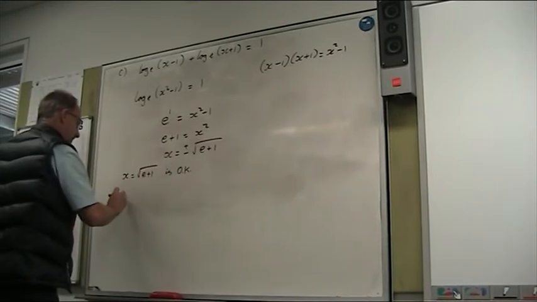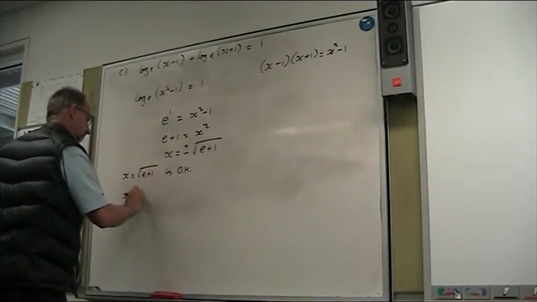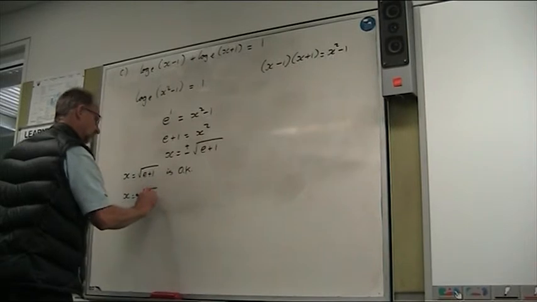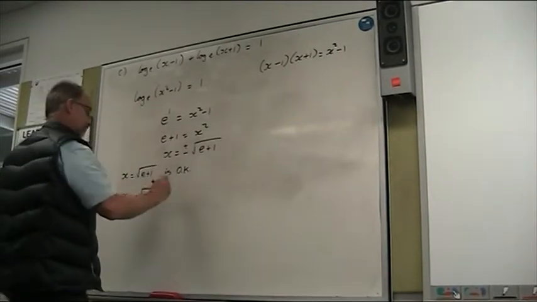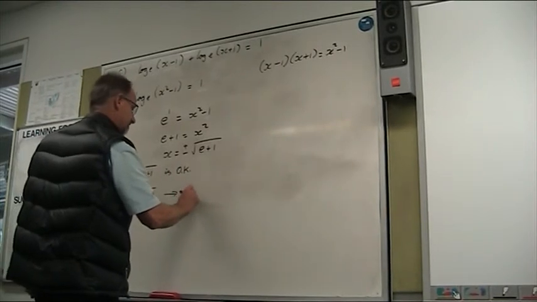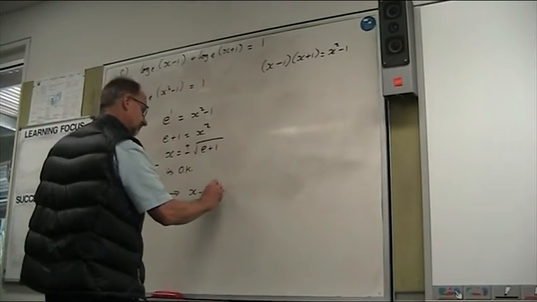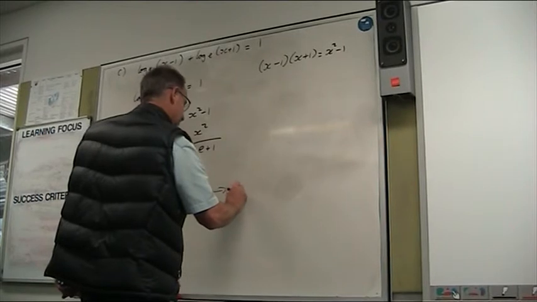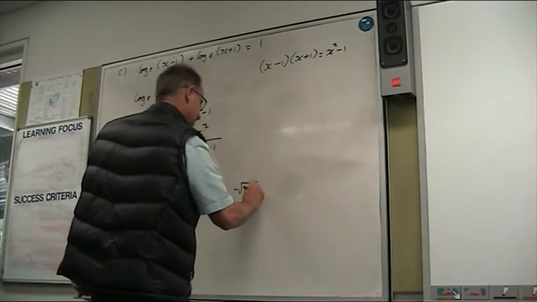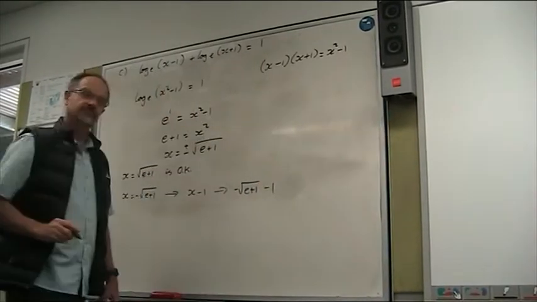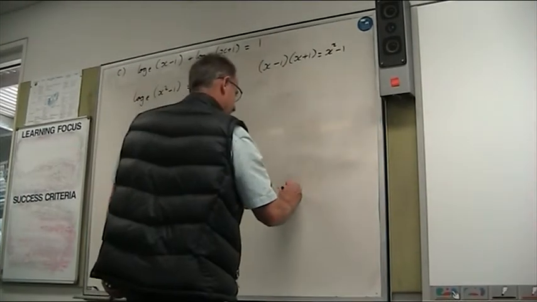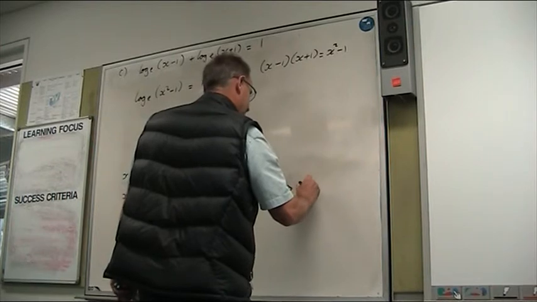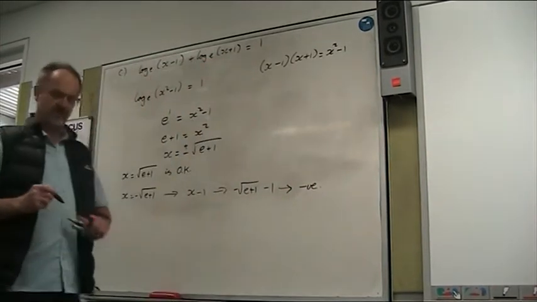But the negative one, x minus 1, is negative square root of e plus 1 minus another 1.